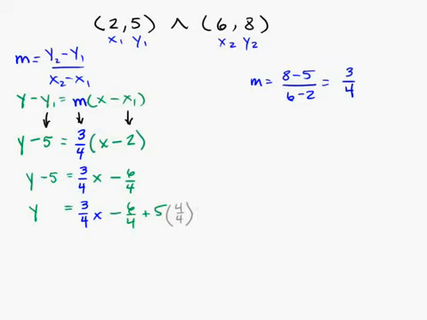Okay, and then my final answer would look something like this. y is equal to 3/4 x. Now, if I did this here, I'd get 20/4 minus 6 would be 14/4, but it would be positive, so I ended up with a positive 14/4.